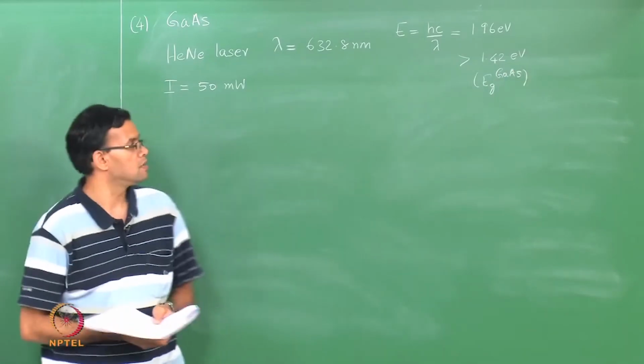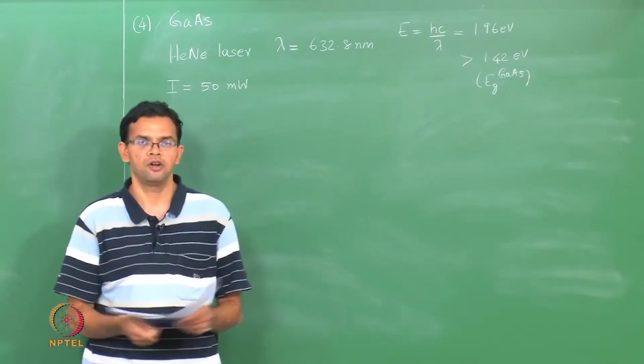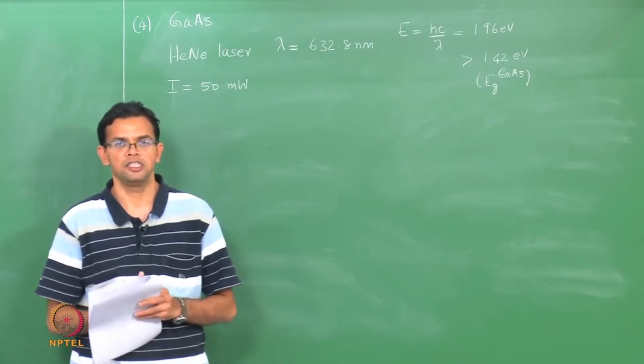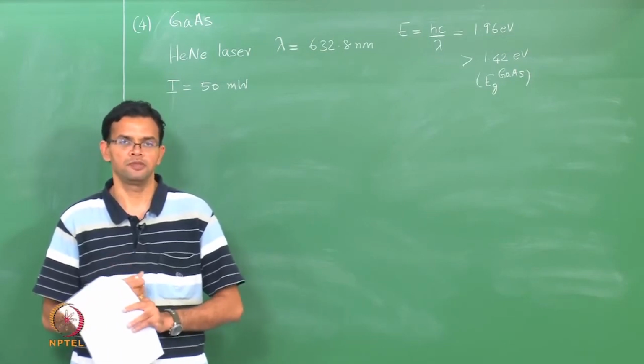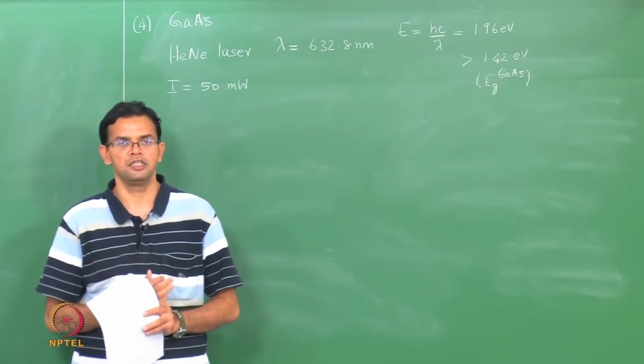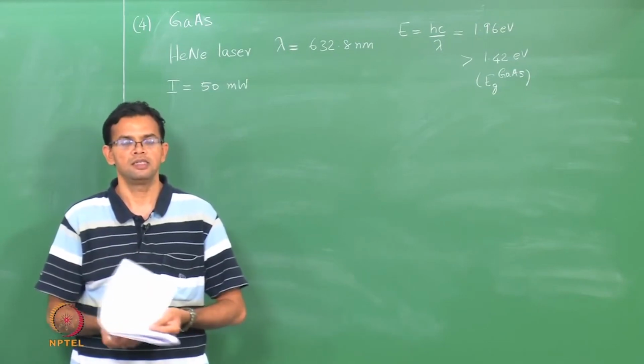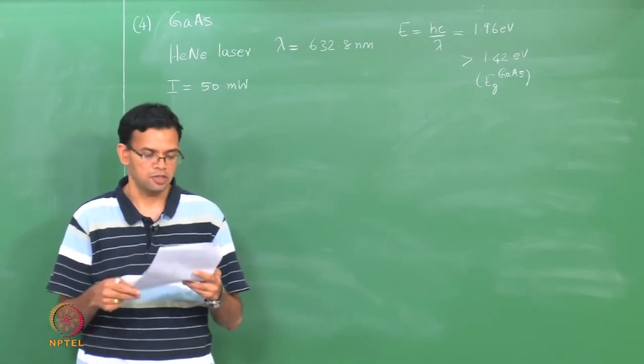So, what happens is that the excess energy of the photons basically gets translated into excess energy of the electrons and holes. This excess energy is lost as heat to the surrounding material, and this is essentially your thermalization process.